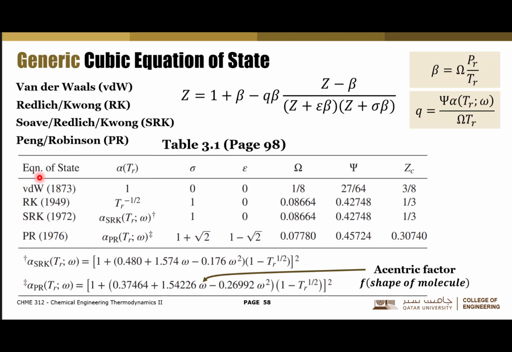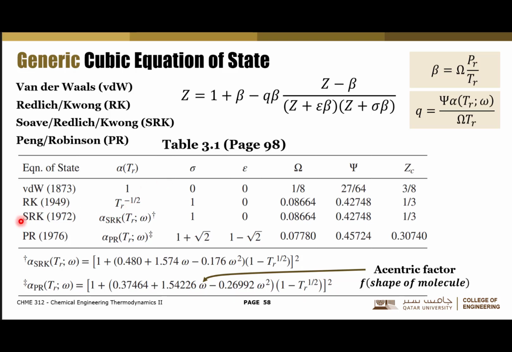So in the equation that we saw, this is the general equation for Z, we have beta and Q. Here we see what the values of alpha are given the model that we're using. In van der Waals, this alpha is simply 1. In Redlich-Kwong, it's the reduced temperature to the power of negative 0.5, or basically 1 over the square root of the reduced temperature.